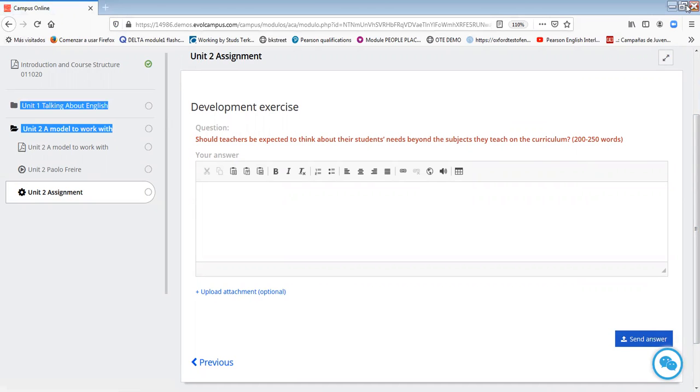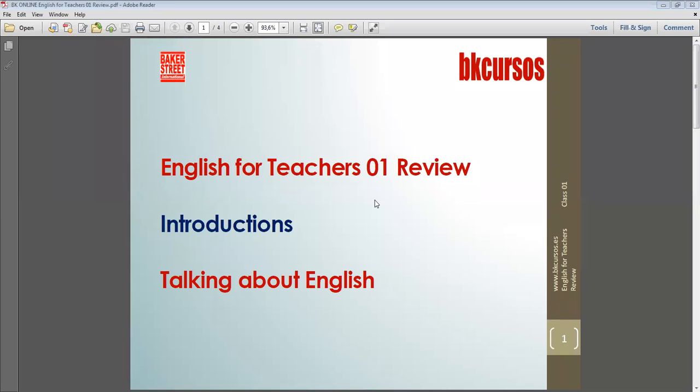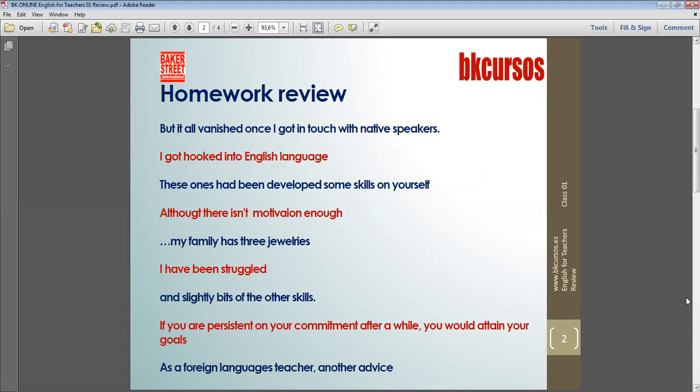So I'm just going to close that down, and we're going to go on and have a look at one of our other activities today, which was homework review. Okay, can you see that there? Yeah. Okay, so this is what we did last week. Here's our homework review.